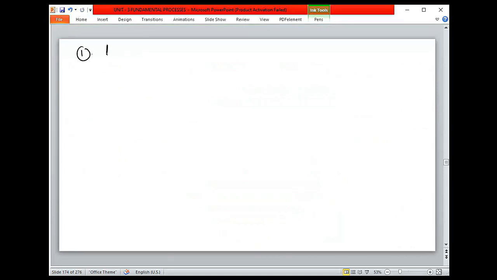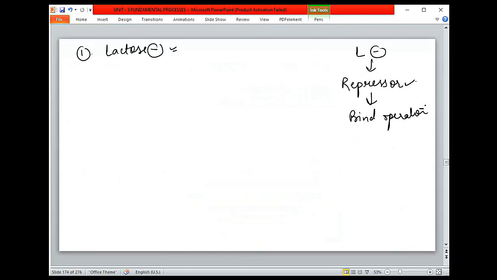First scenario, in the case of your lactose being absent, what will happen? The repressor would be produced, right? Repressor would be binding to your operator. When it binds to the operator, RNA polymerase movement is blocked. And when RNA polymerase movement is blocked, there is no transcription.